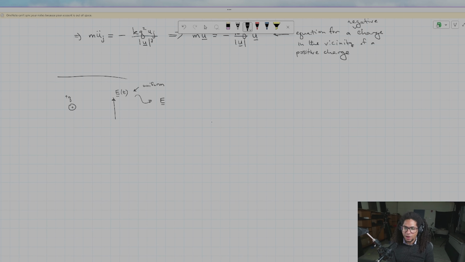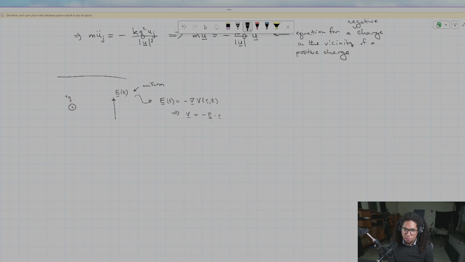So how do I get this? I know that E of t can be expressed as the negative gradient of a potential. And based on the fact that E is uniform, I can get that the potential ought to just be minus the E vector dot the r, the direction that it's going.